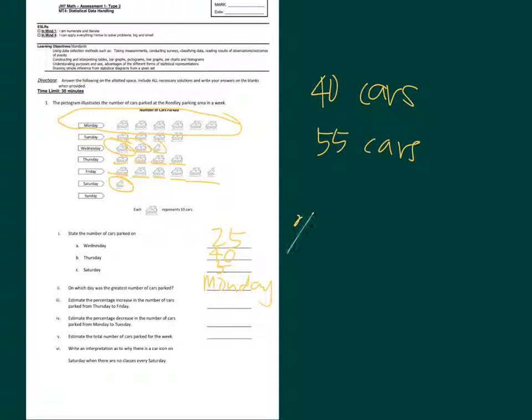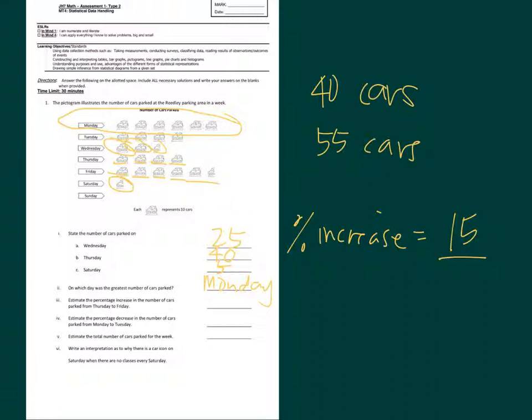So to get the percentage increase, I need to know how much was the increase from Thursday to Friday, and that's basically the difference of 40 and 55. 55 minus 40 is 15, so that's the increase in the value from 40 to 55, and then this should be divided by the original amount.